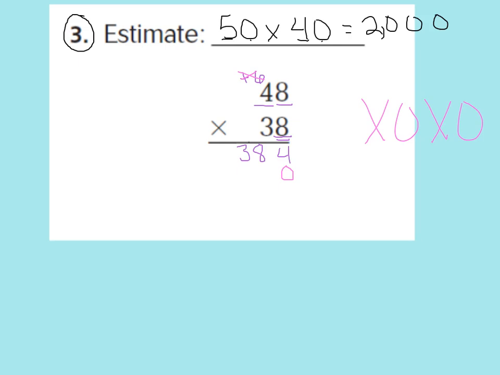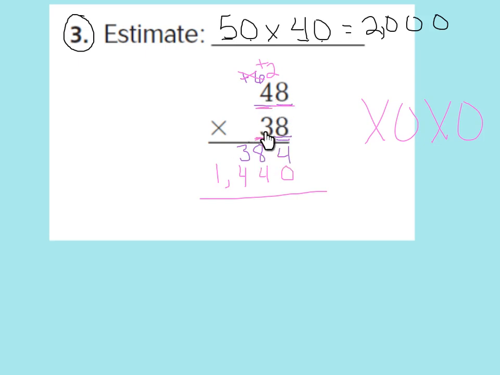Now I'm ready to multiply. Start with my tens place and my bottom factor. 3 times 8 is 24. Drop down your 4, regroup your 2. 3 times 4 is 12, plus 2 is 14. Drop down your 14.